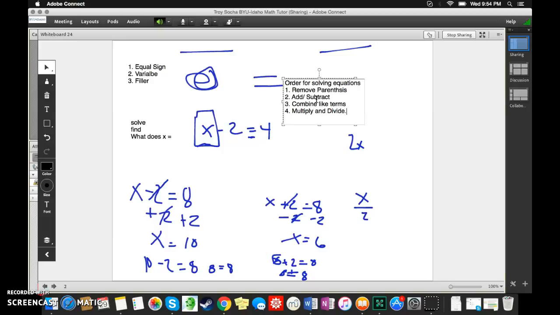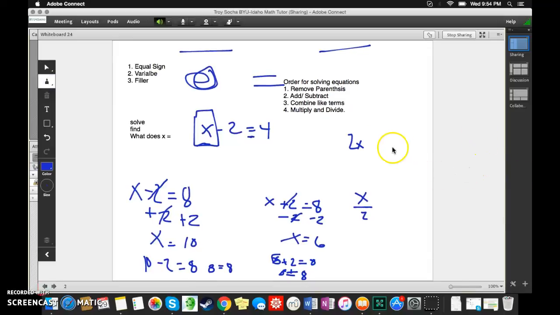If you'll notice, this is opposite from our order of operations, because our order of operations was used to build an equation like this. So we have to do the opposite in order to produce what we want. So if we have 2x equals 8, and then x over 2 equals 8, well, now in this one we're multiplying by x, so we need to divide, right?